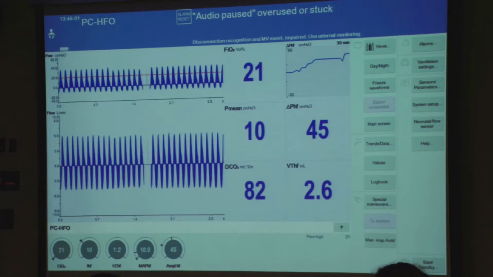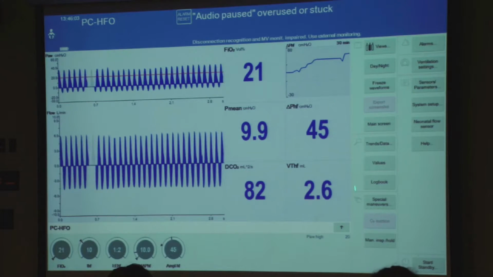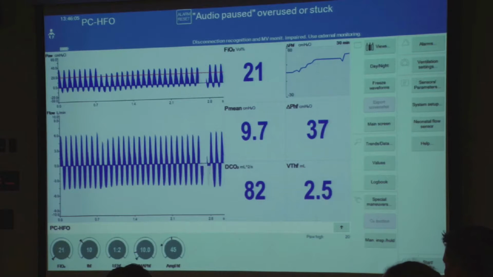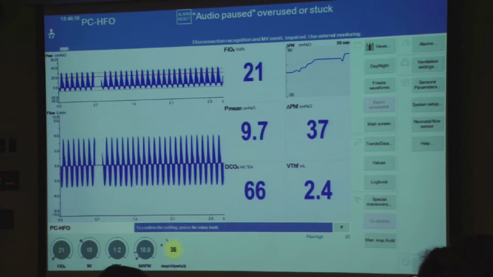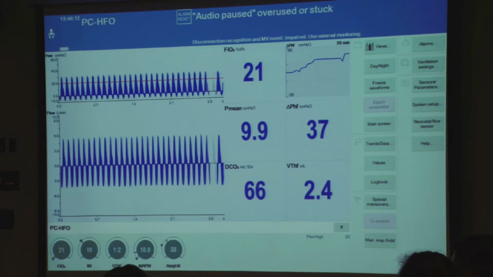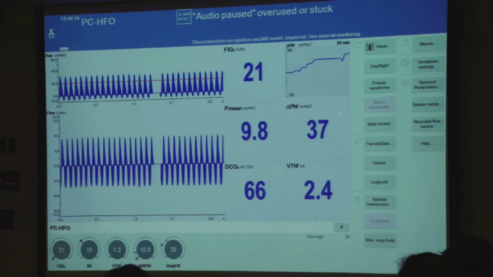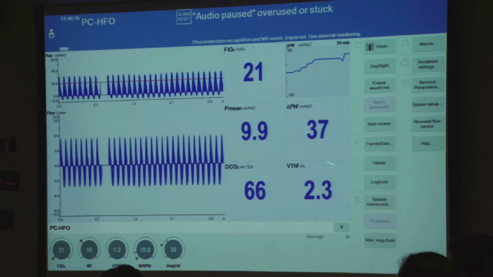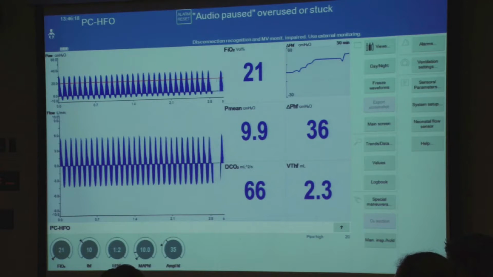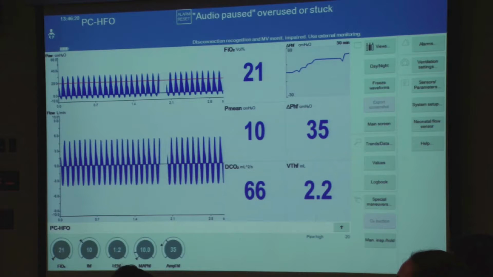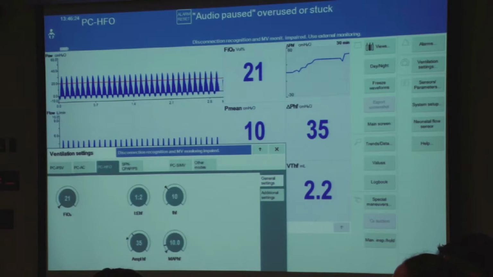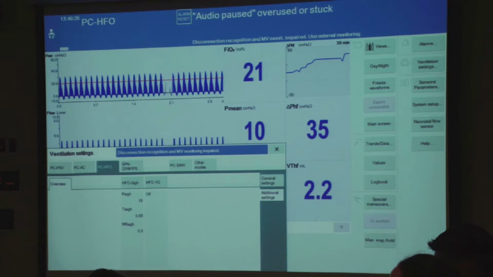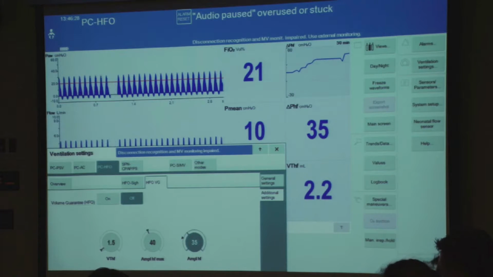What happens once you arrive at the point where you say, okay, the baby is on the right settings? We're getting adequate VTHF, and we have the PCO2 that we wanted. So now we tell the ventilator, let's go to volume guarantee.